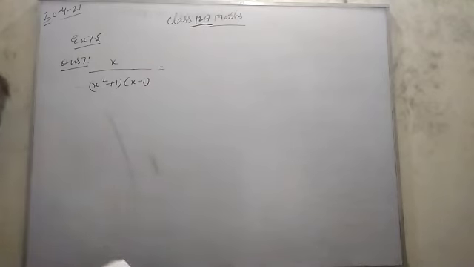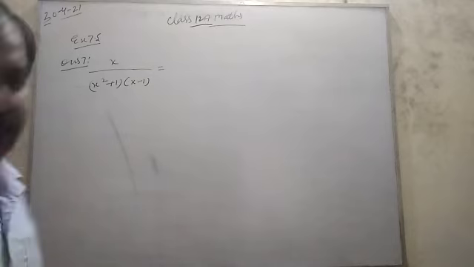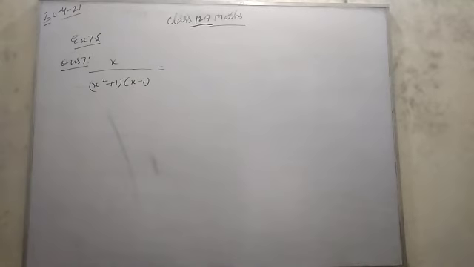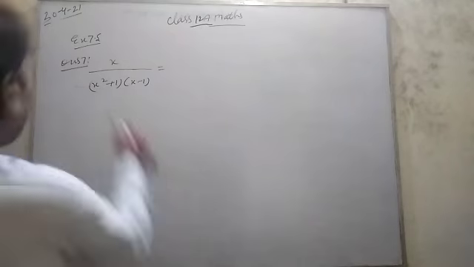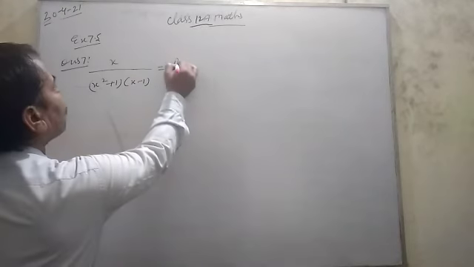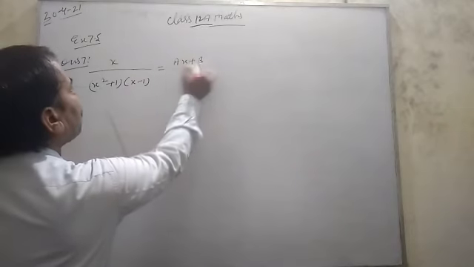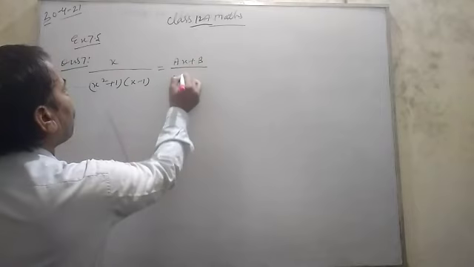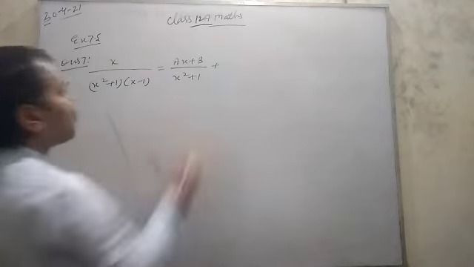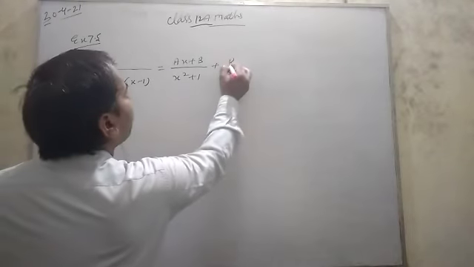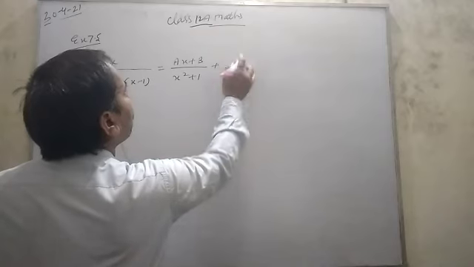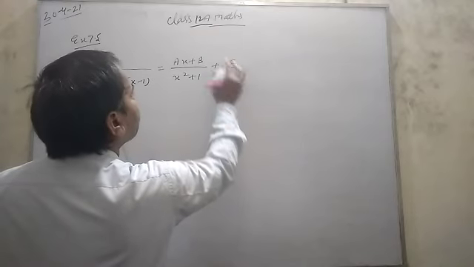Okay, so the degree of numerator is less than the degree of denominator, so directly you can write: for x square plus 1, (ax plus b) upon x square plus 1, plus c upon x minus 1.